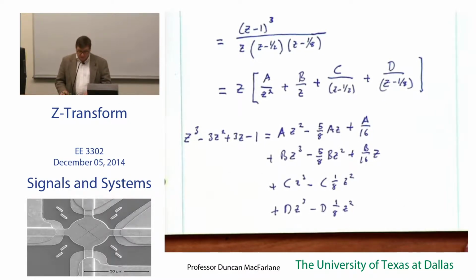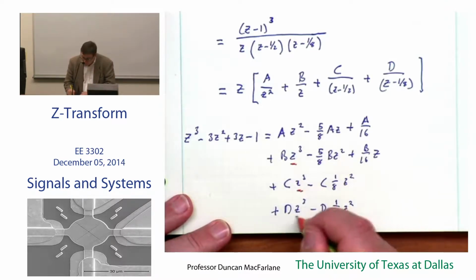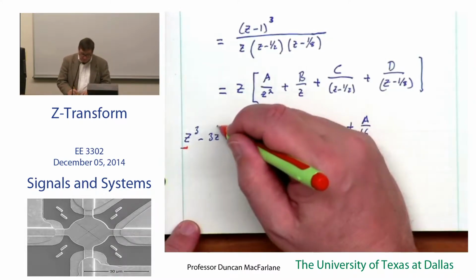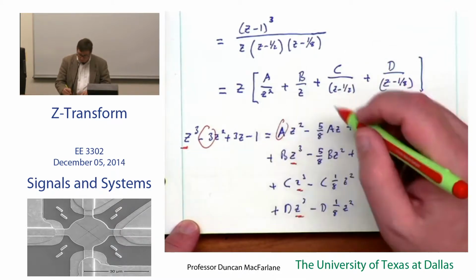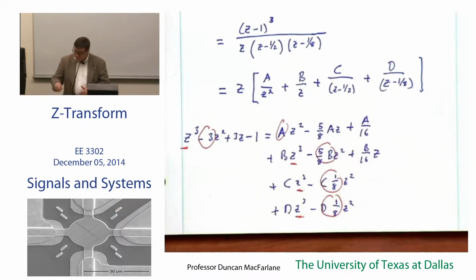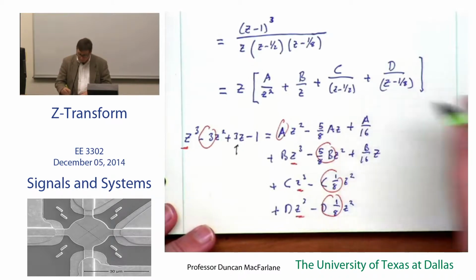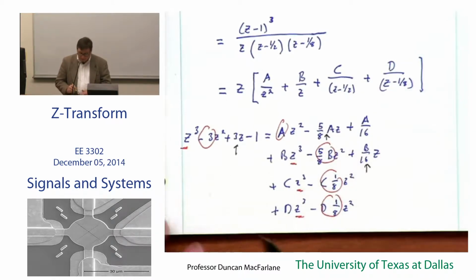Okay? And the way you solve this is you find all the terms in z cubed. You find all the terms in z squared. You find all the terms in z, and all the terms in z to the 0.